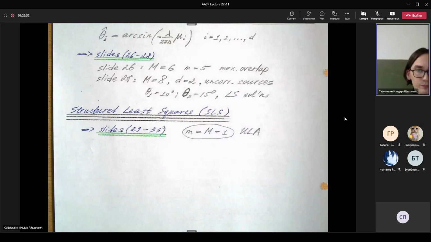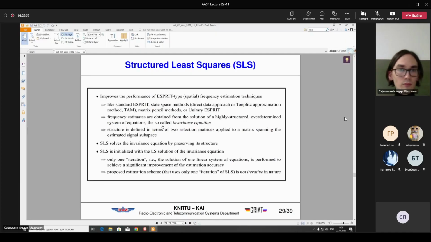Then let's start with the first slide here. So, what is the structured least squares algorithm? It improves the performance of ESPRIT type techniques or algorithms. Structure is defined in terms of two selection matrices applied to a matrix spanning the estimated signal subspace.